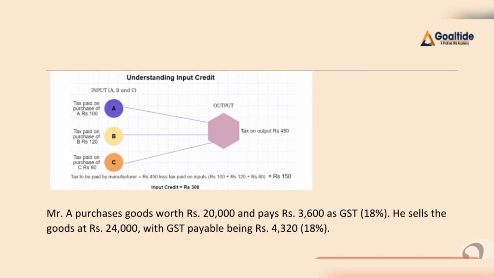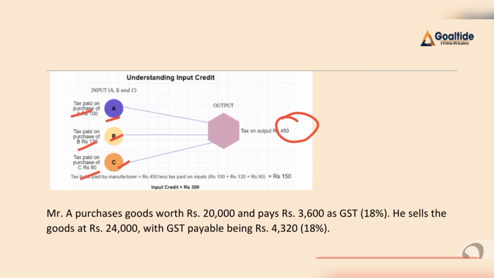Suppose that you are a manufacturer, and the tax payable on your final output or final product is 450 rupees. But to manufacture the final product, suppose that you had purchased three raw materials A, B and C, and you had paid GST on the purchase of these raw materials. Let me suppose that the tax you had paid on the purchase of raw materials A, B and C is 100, 120 and 80 rupees respectively.